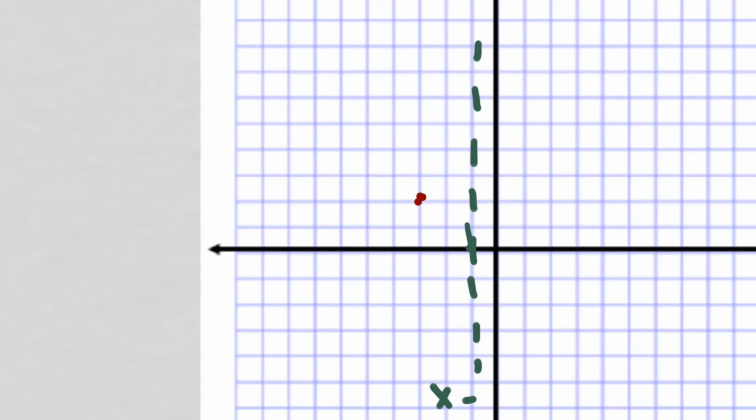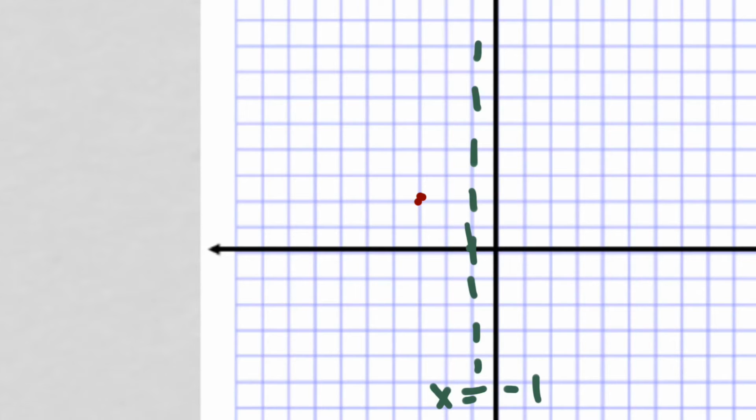X equals negative 1. And then I see, if I count, I've got 1, 2 units between the line of reflection and the pre-image. So then I know I need to have 1, 2 units between the line of reflection and the transformed image.